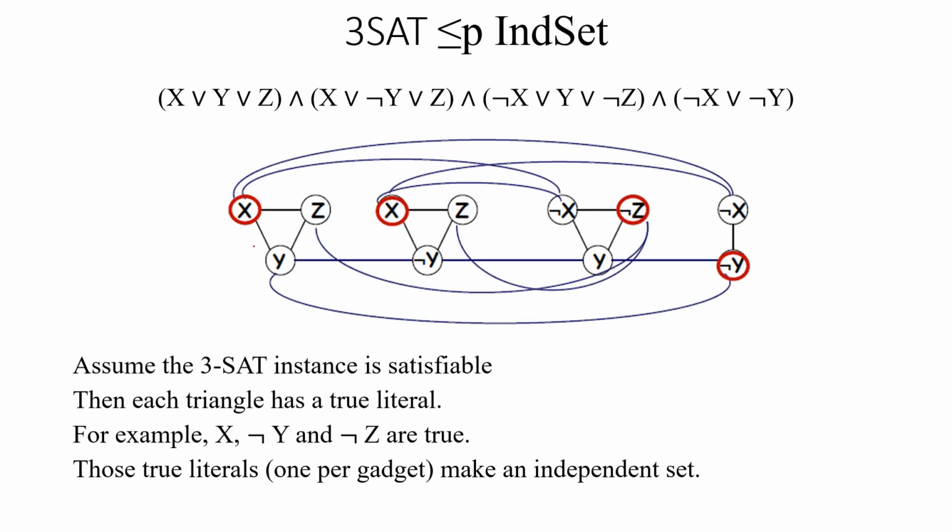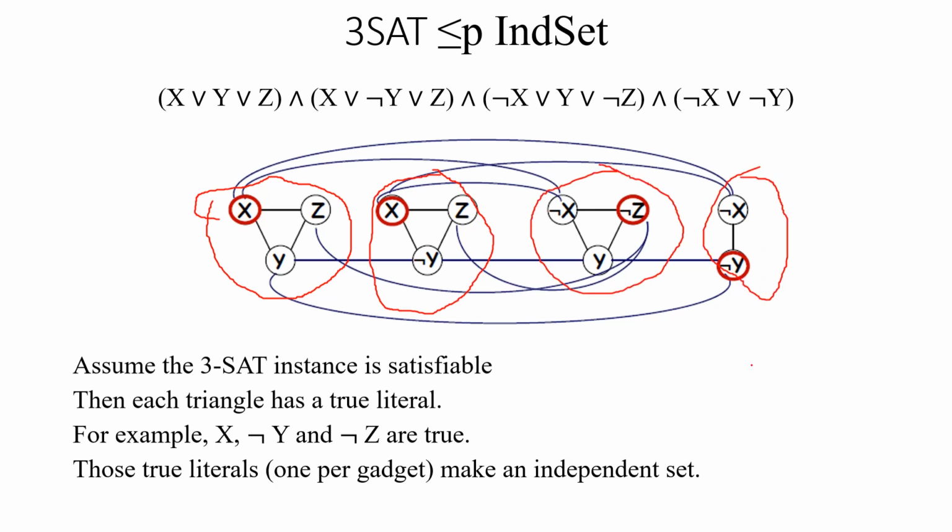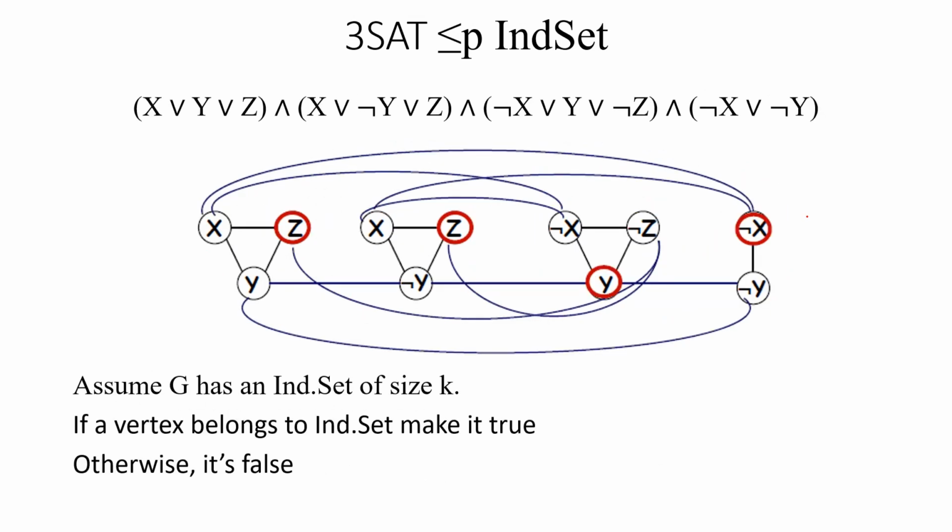And we can say that each of these gadgets or clauses contributes to the independent set. So it's totally possible that we can get from the graph G an independent set of size k. One more thing I would like to say is that if G has an independent set of size k, then it also means that we can create the 3 SAT with k clauses with these values and literals.